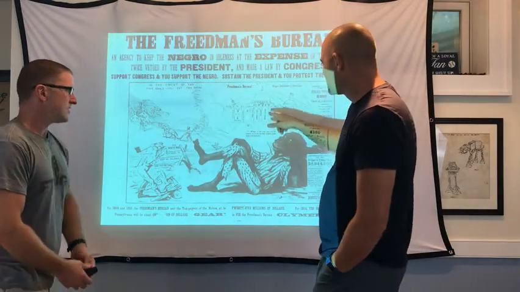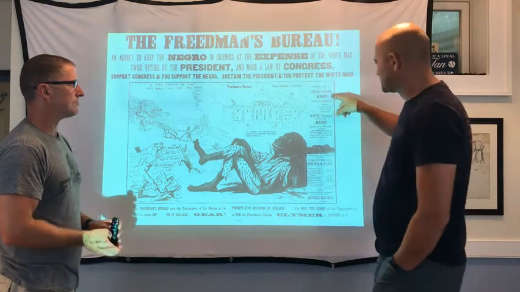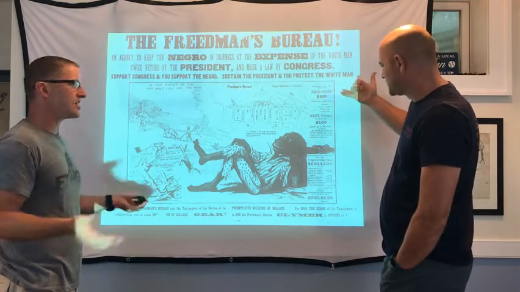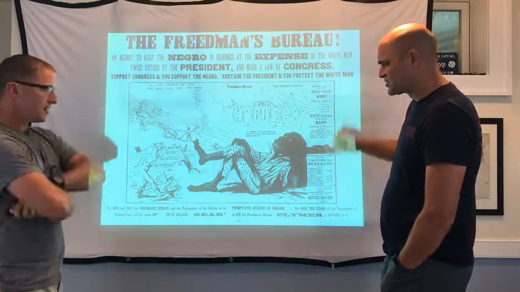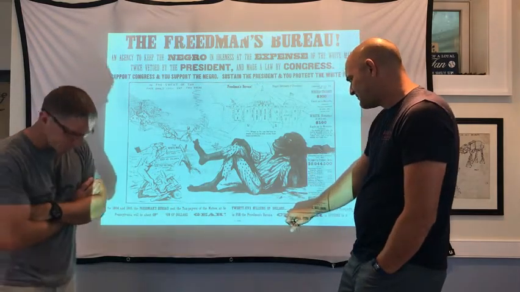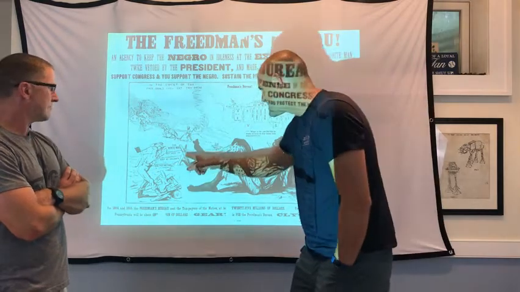You know, it says here, freedom and no work. You know, that Negro troops are given $300 a year. So now you're taking pension statistics and trying to justify. White veterans are only given $100. You know, Freedmen's Bureau cost the taxpayers $25 million. I forget what it says here.